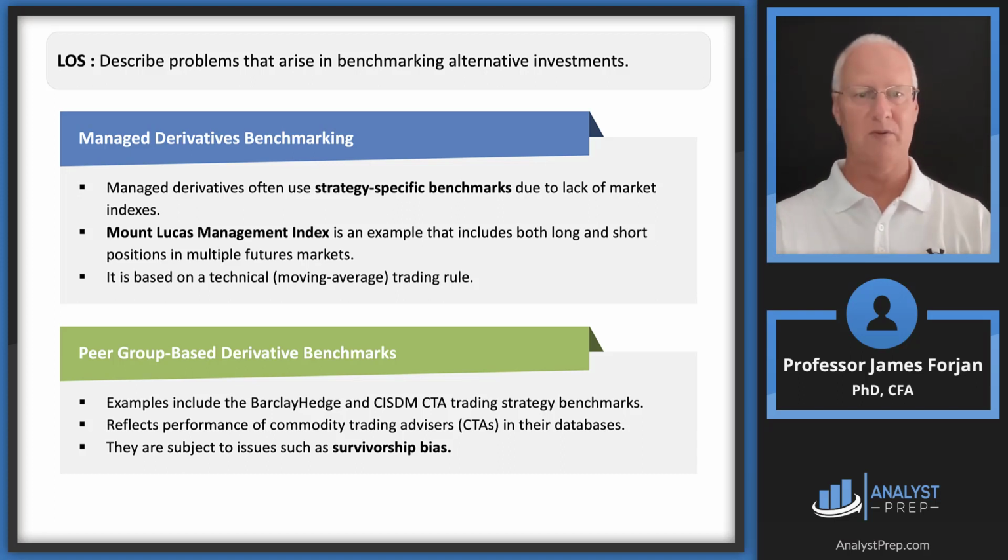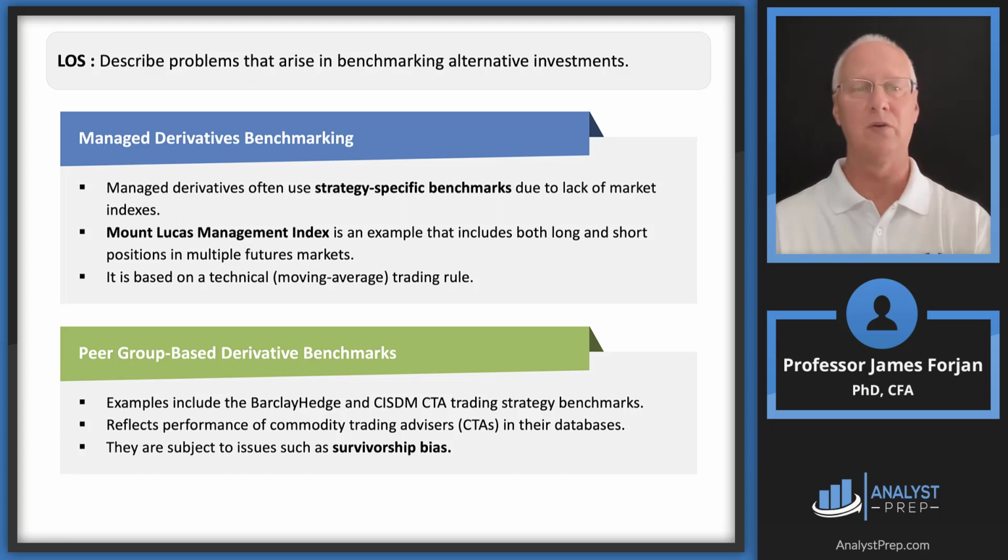So strategy specific. Of course, you could have the opposite. You could have just short positions, or you could have market neutral positions. But there really are no market indexes that are designed to handle those kind of strategy. So what you got to do is you got to go ahead and customize your benchmark that we talked about earlier. Now, there is this Mount Lucas Management Index.